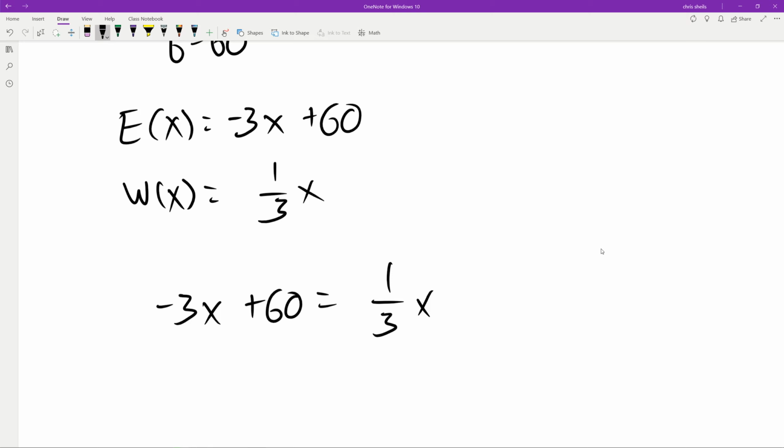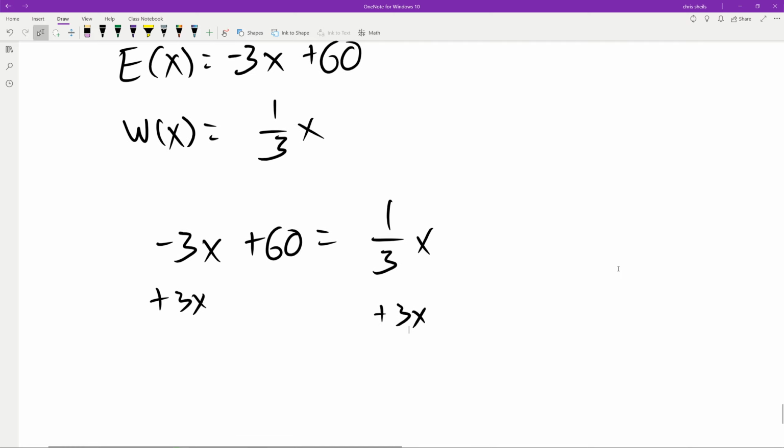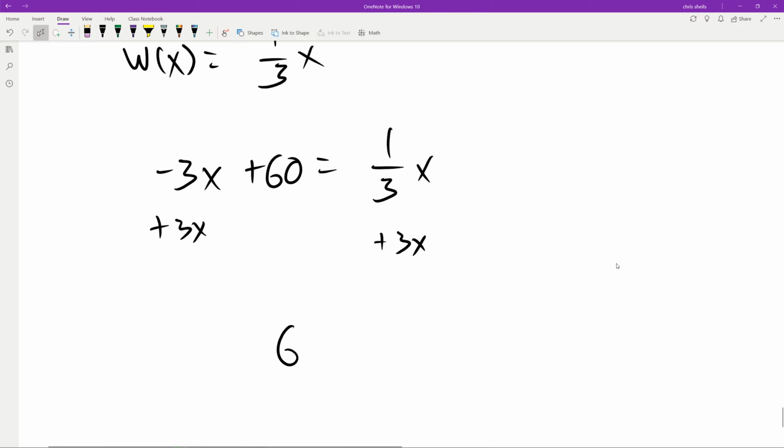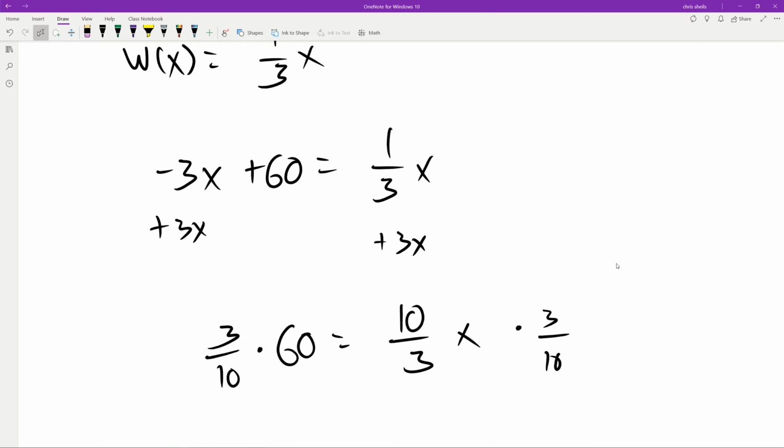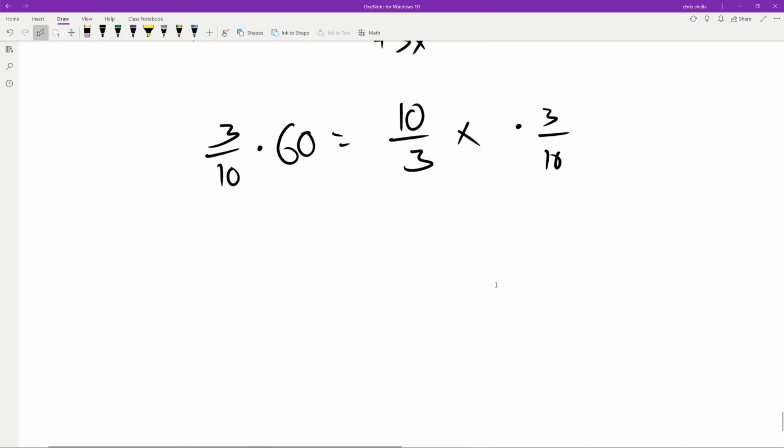I can add 3x to both sides. 3x is the same thing as 9/3 x. So on the right hand side here, I'm going to have 10/3 x. Then I multiply both sides by 3/10, which is the reciprocal of 10/3, so that I can cancel the 10/3.